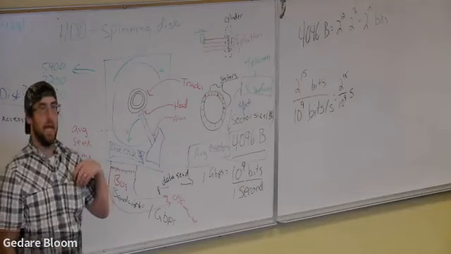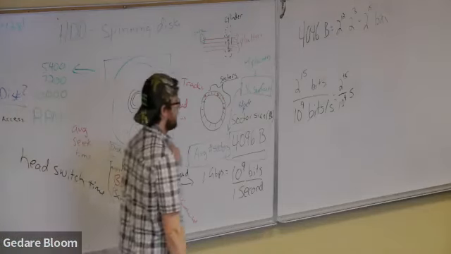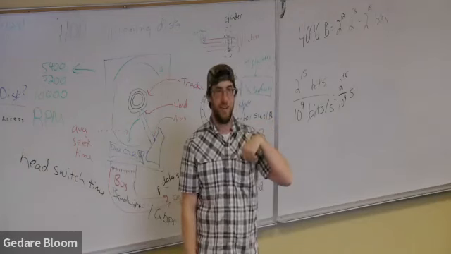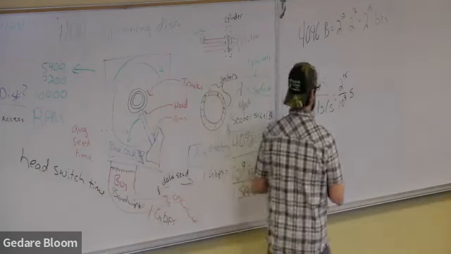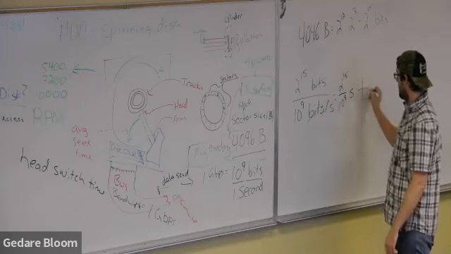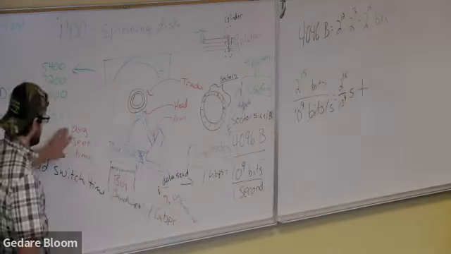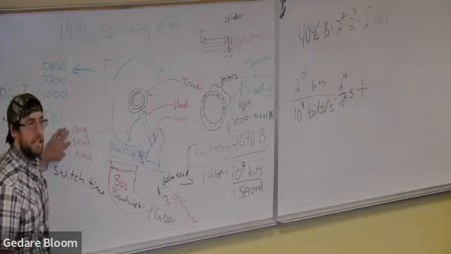So we'll start with that, and then we're going to add to that some more stuff to figure out how long it takes us to access. Plus, all right, what comes next? We're going to pay our average seek time.